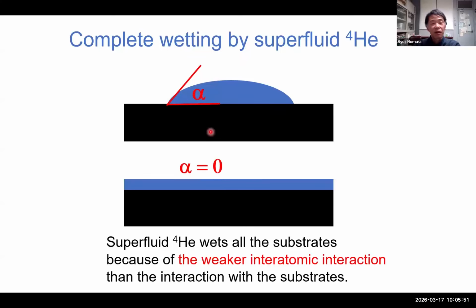This alpha is 0 for the superfluid, and it spreads over the solid surface. This is complete wetting. This happens because the interatomic interaction between helium atoms is much weaker than the interaction with the substrate. So it's strongly attracted by the solid substrate, and it spreads over the flat surface.